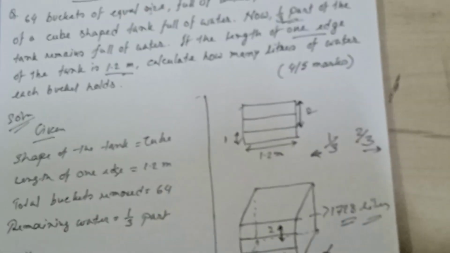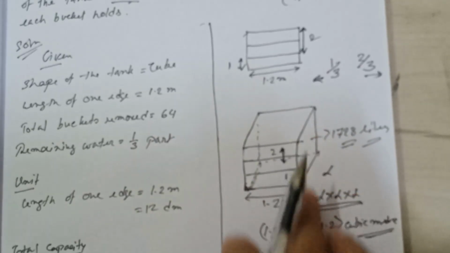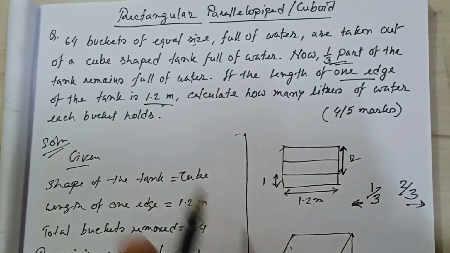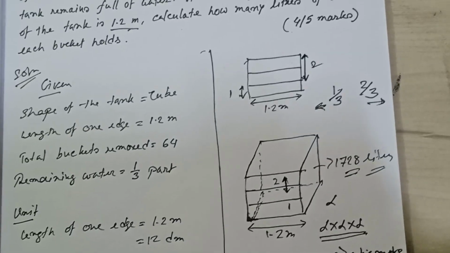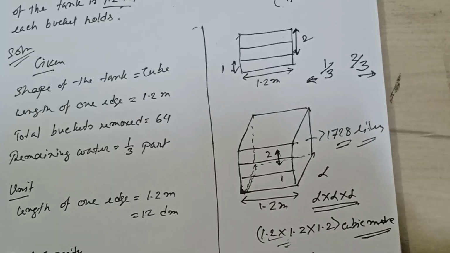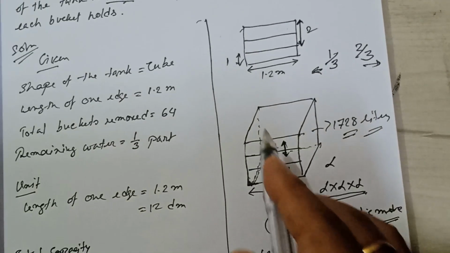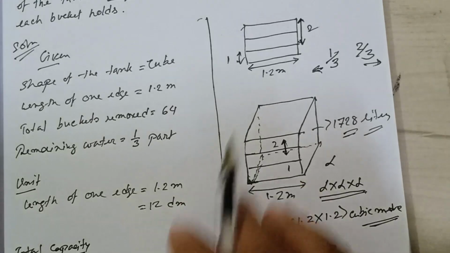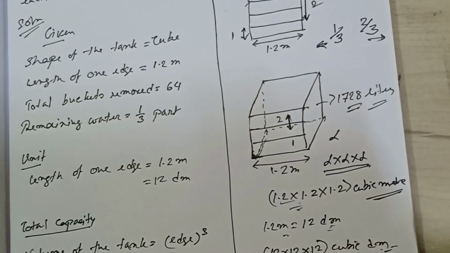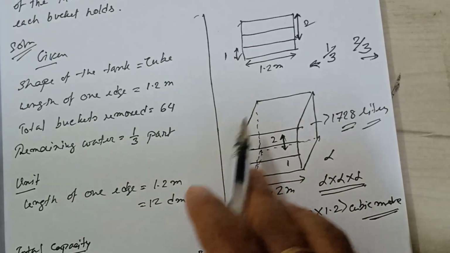So the problem was that there is a tank full of water. Then some water is removed by 64 buckets. Then some water remains. You have to find the capacity of each bucket. To do that, first we find the total volume of water inside the tank. So we have to find the volume of the cube. The tank is a cube.